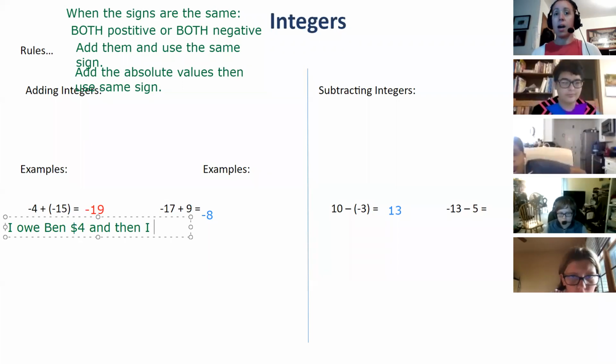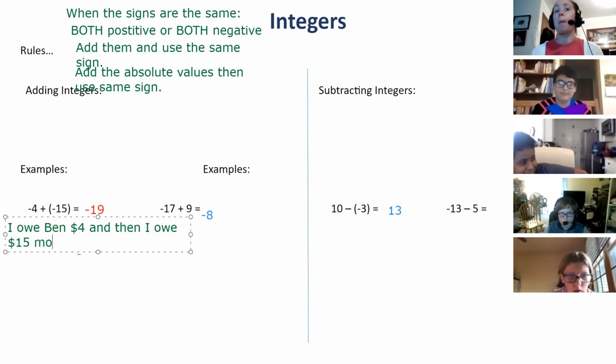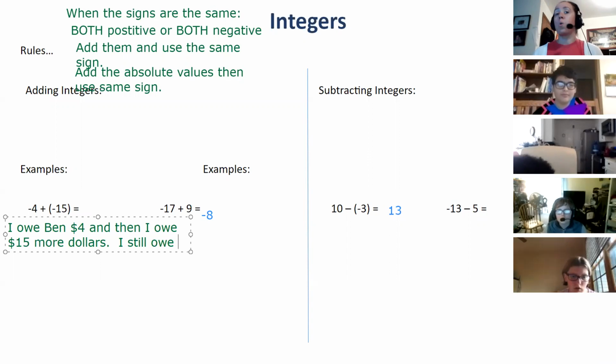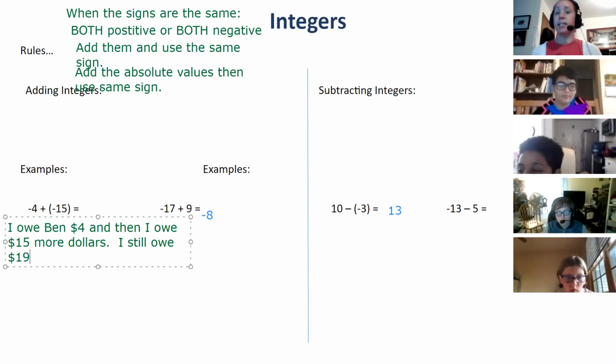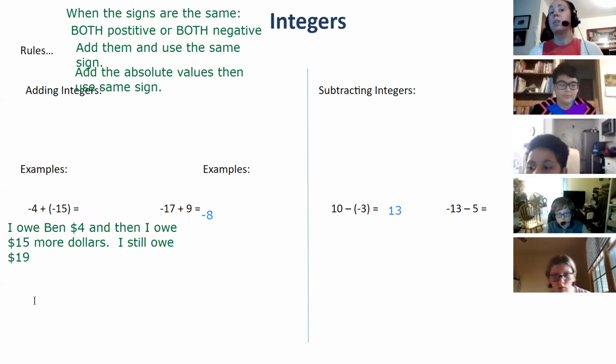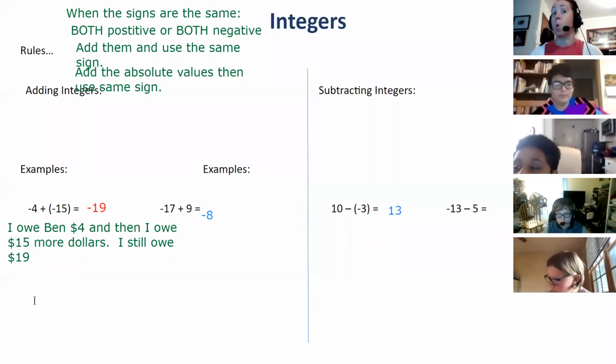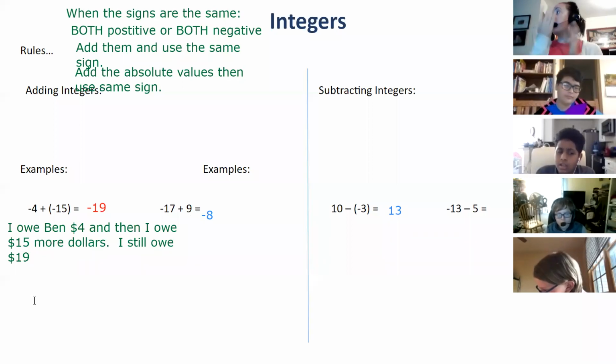And then I owe 15 more dollars. I still owe $19. That's what that means. If you are in debt that amount, that's how much you owe. So that's what you do. When the signs are the same, you just add them and use the same sign.